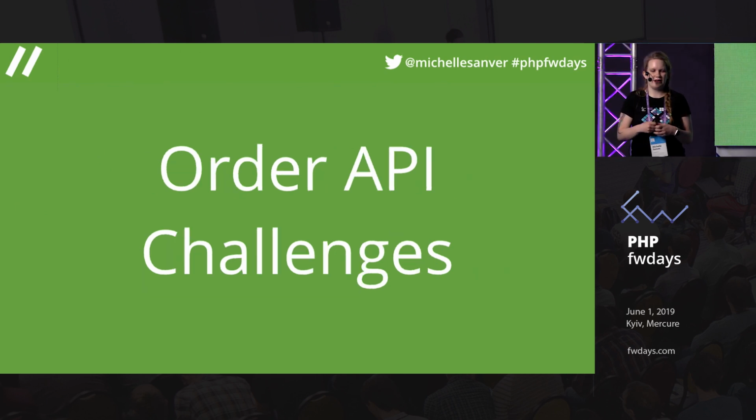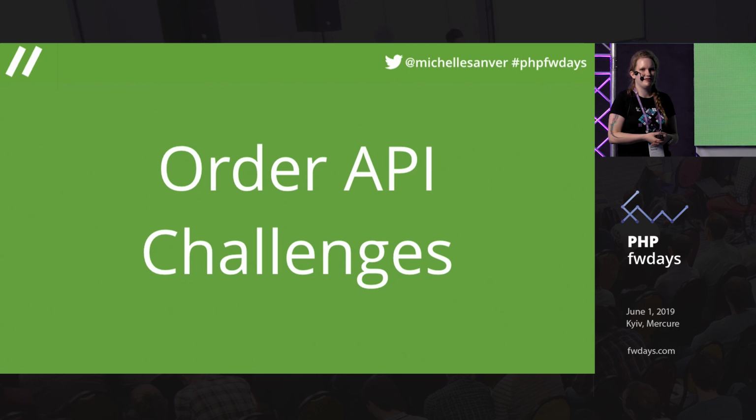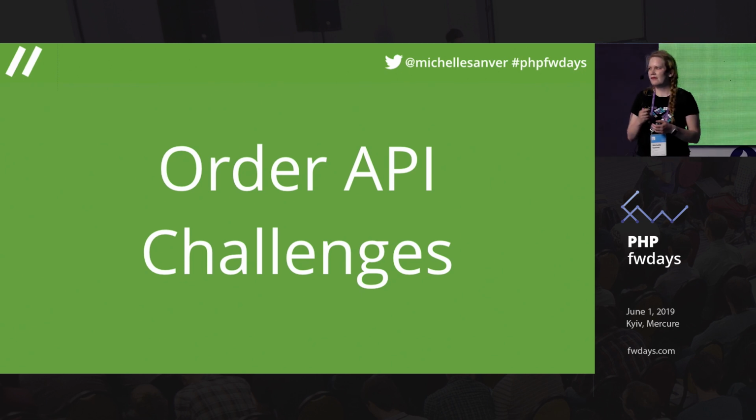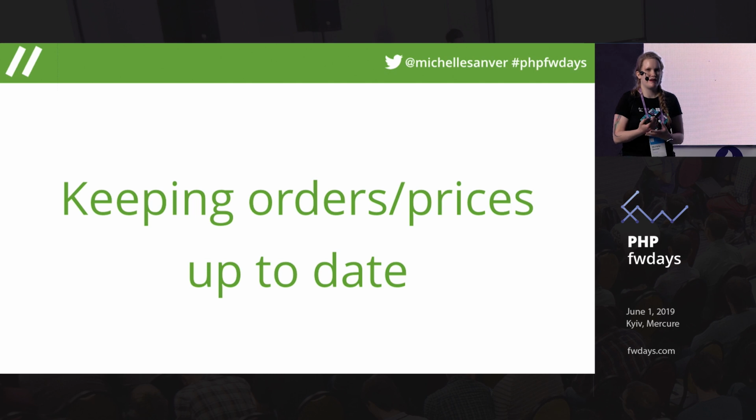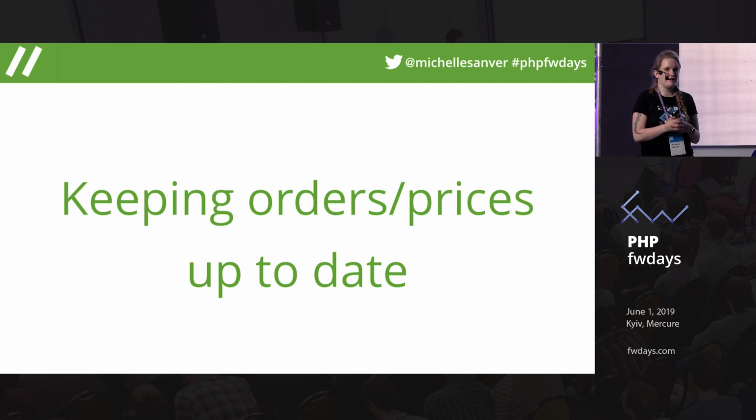Of course, in an API like this, we had some challenges involved. One of the things is keeping orders and prices up to date, because in a web shop, and especially when it comes to groceries, there's going to be discounts every Tuesday.